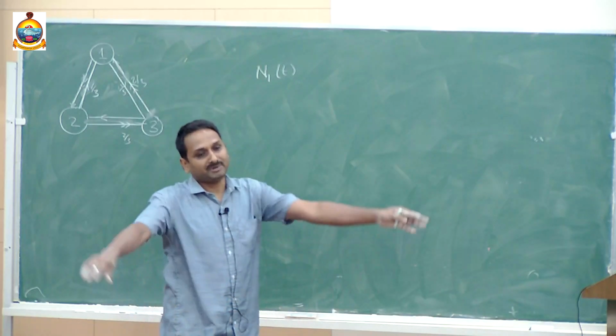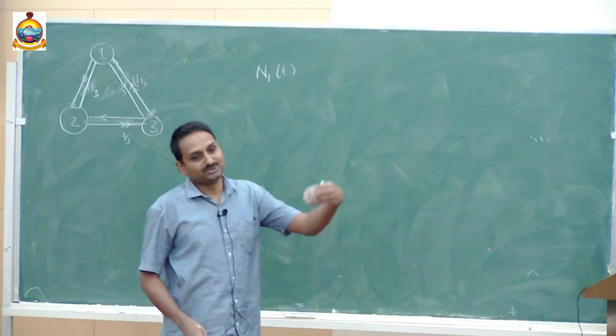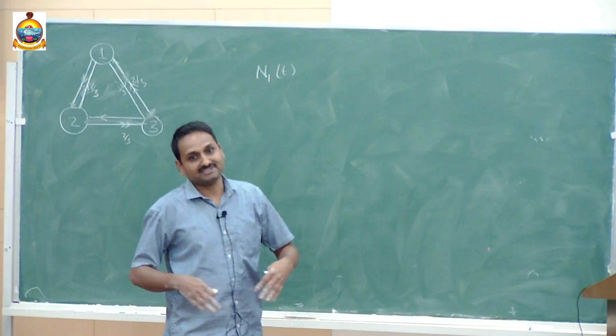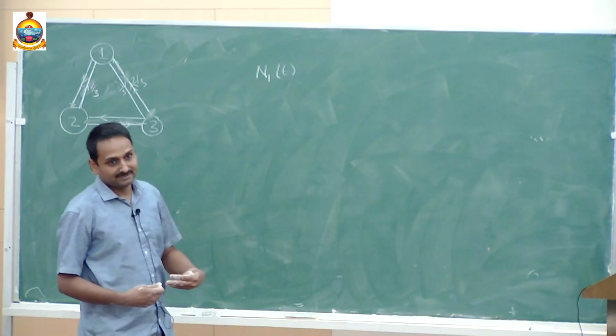Those which are at n1 might go to 2 and 3, right? And those which are at 2 or 3 might come here. That's the way it will change. So those which will come are the gain to this one.